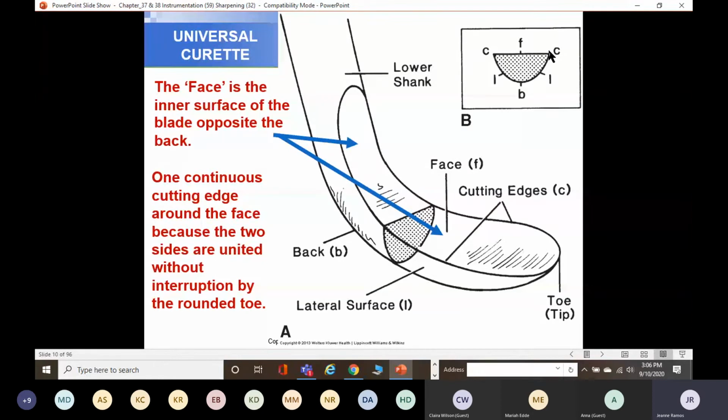And even though the area specific curette is angled, still the back is on the opposite side of the face. So here's that one continuous cutting edge around the face, because the two sides are united without interruption by a rounded toe. Just seems a really long way to explain that, but that's what they do.